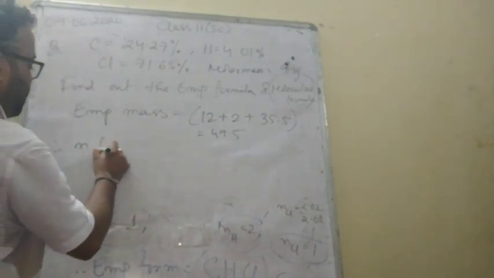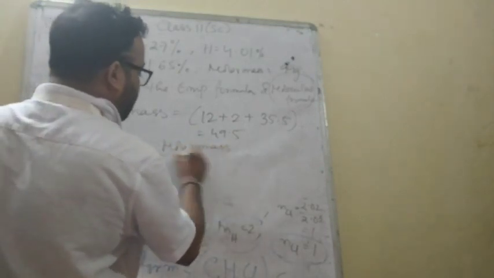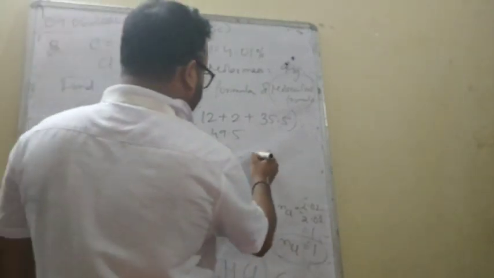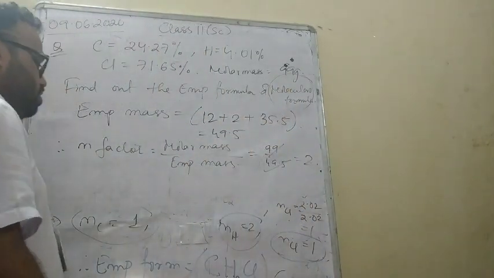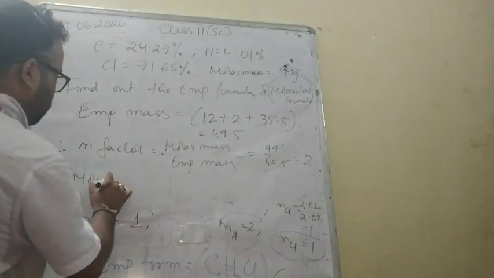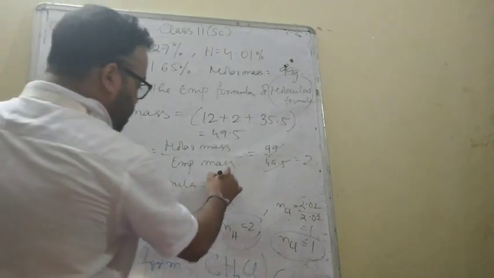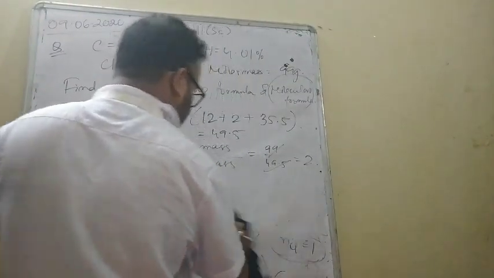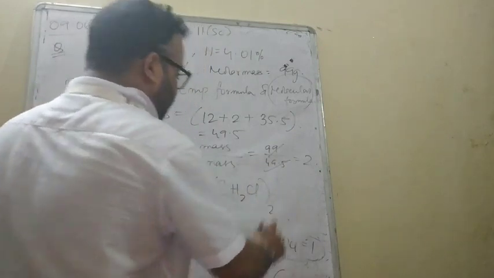So the formula for n factor, write down, molar mass by empirical mass, that is equal to 99 by 49.5, that is equal to 2. So n factor you are getting 2. So molecular formula will be, students, the empirical formula multiplied with the n factor.